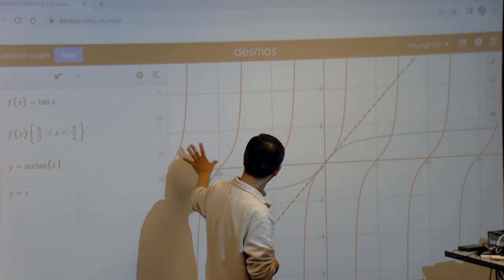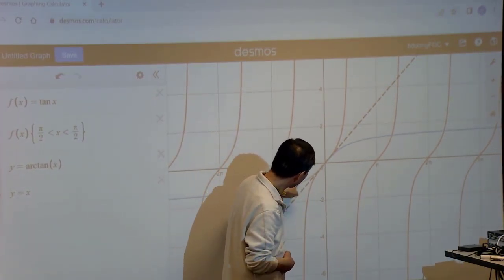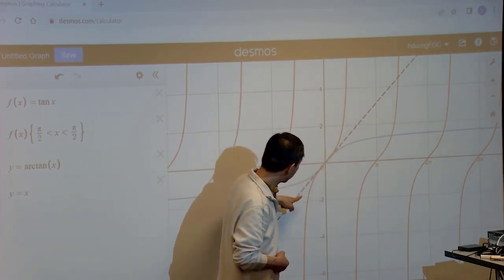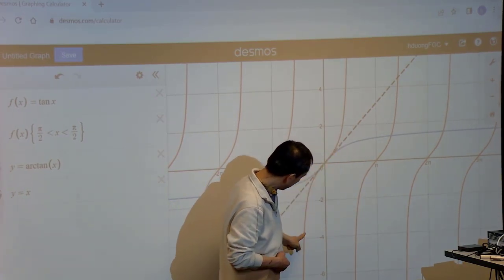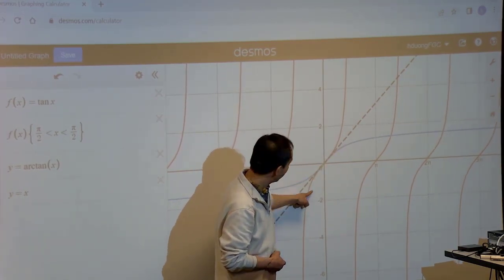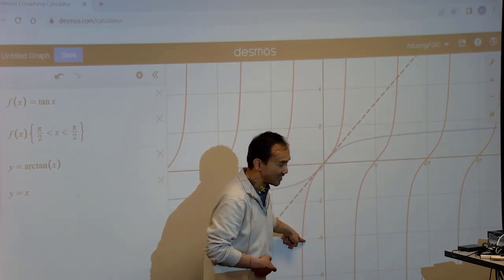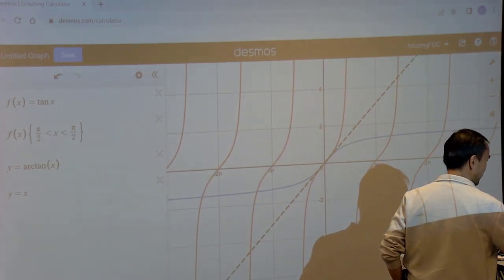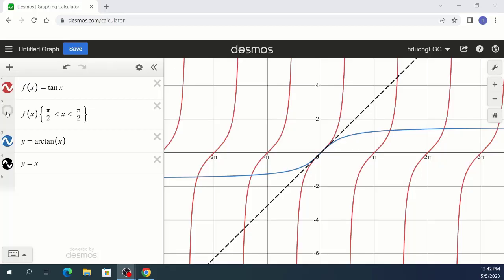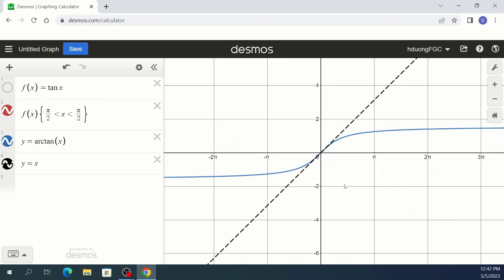And so now, among all of these pieces right here, see which one seems to be the mirror image through the 45-degree line of that blue one. This portion right here is the only one that is the 45-degree mirror image. And so in that way, we have to restrict our tangent. So for our tangent, I'm going to restrict it down to only that interval. Right?